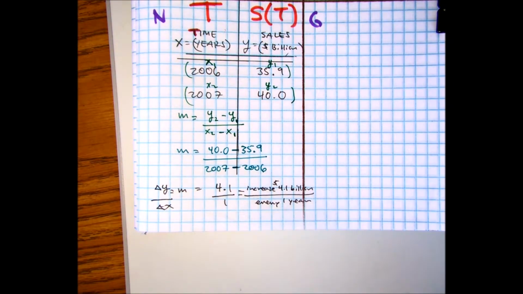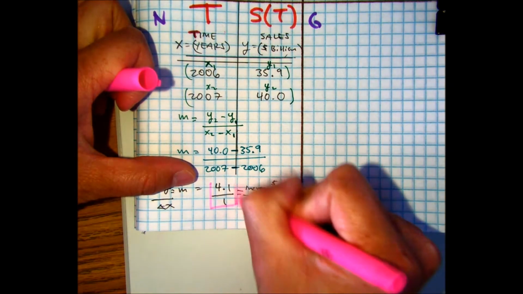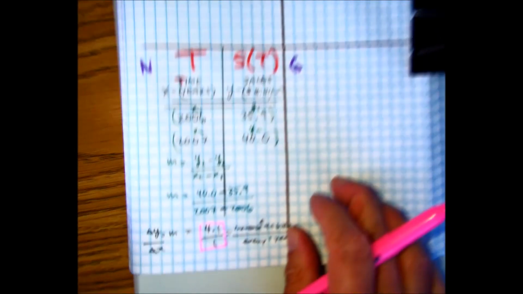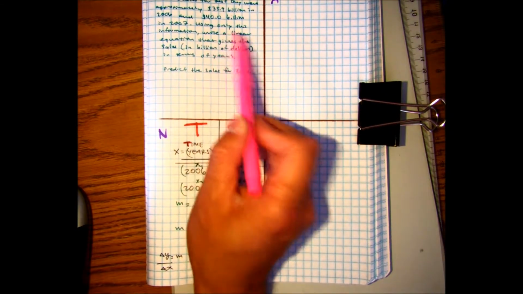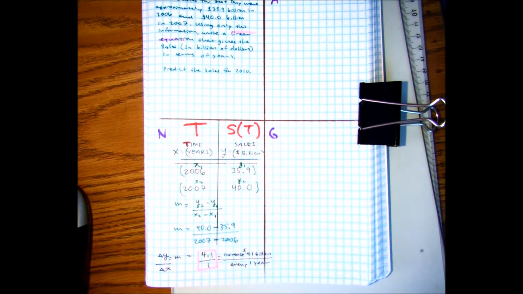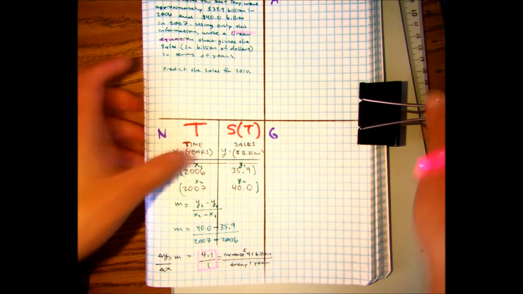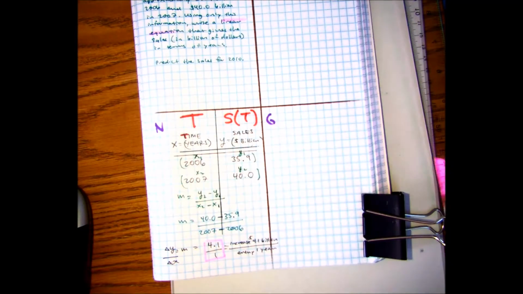Okay, let's think about this. I have slope. I need to write an equation, a linear equation. Partner B, tell partner A what type of linear equation you want to use. Tell them a formula before I call on you. 20 seconds, go.